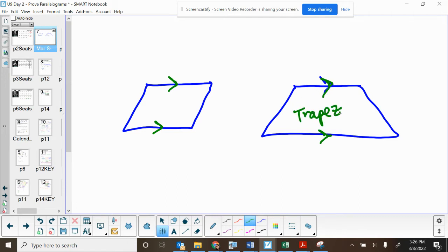So that's why our properties say you need both pairs of opposite sides parallel, or these two have to be the same size, because parallel does not mean congruent. They're not the same thing.